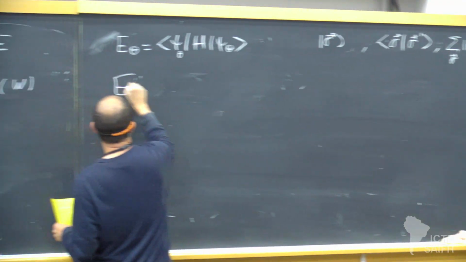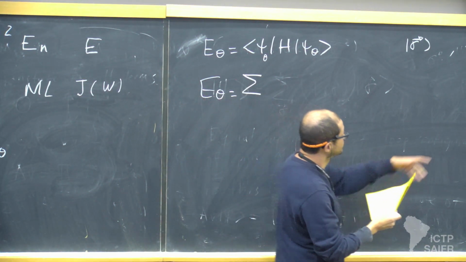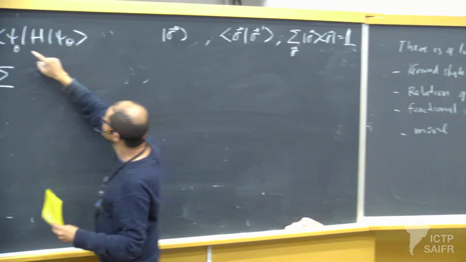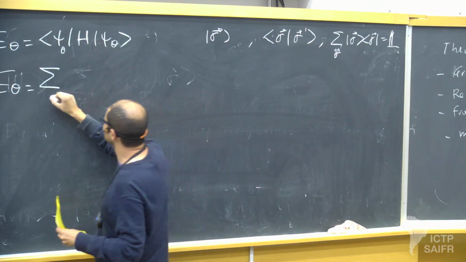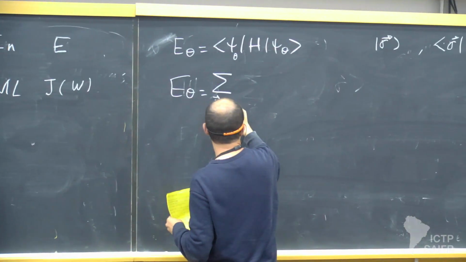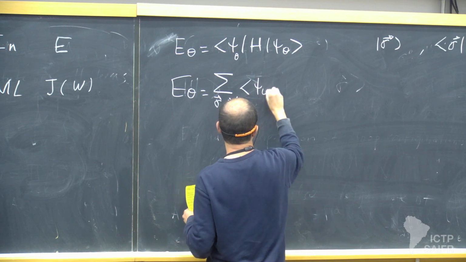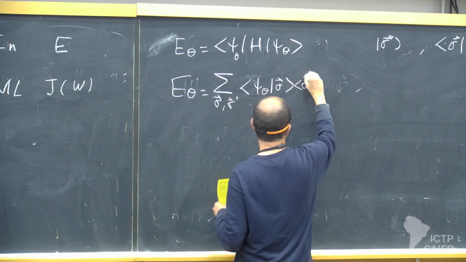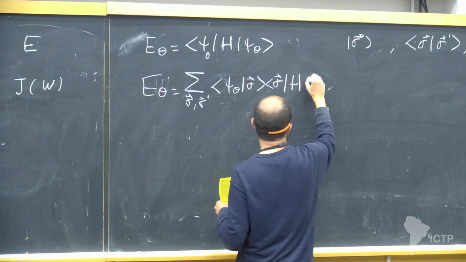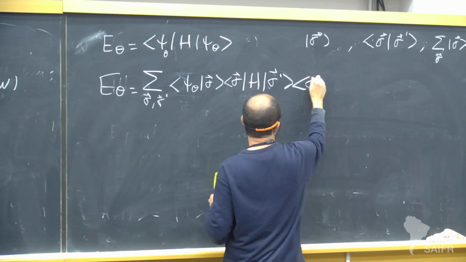So E alpha theta is equal to, I'm going to plug this identity here and here. Let's say sigma and sigma prime, and you will have this psi theta, sigma, H, sigma prime, and sigma prime.